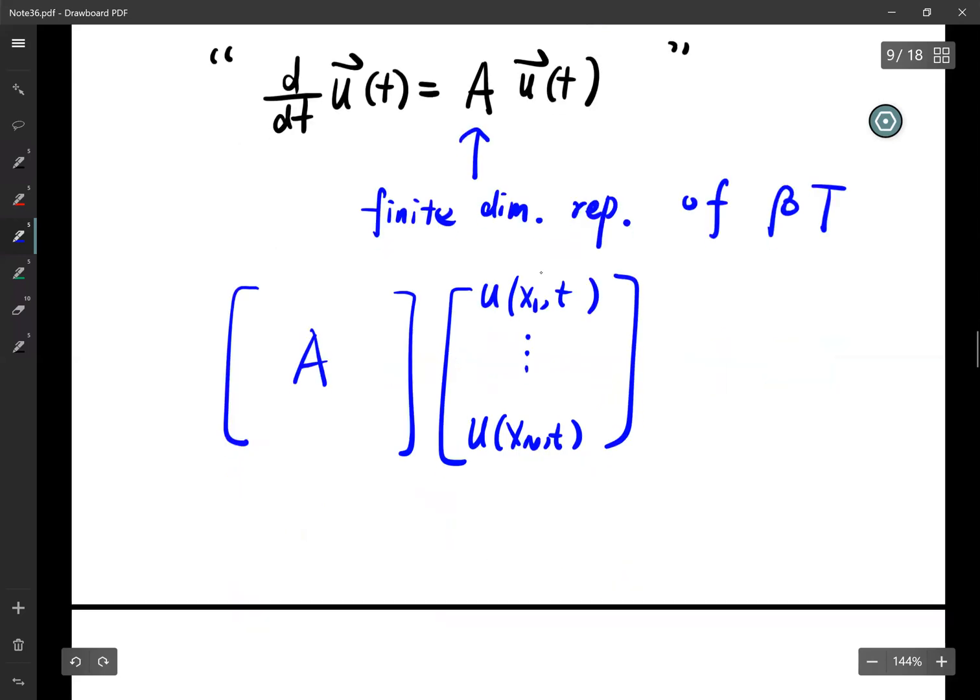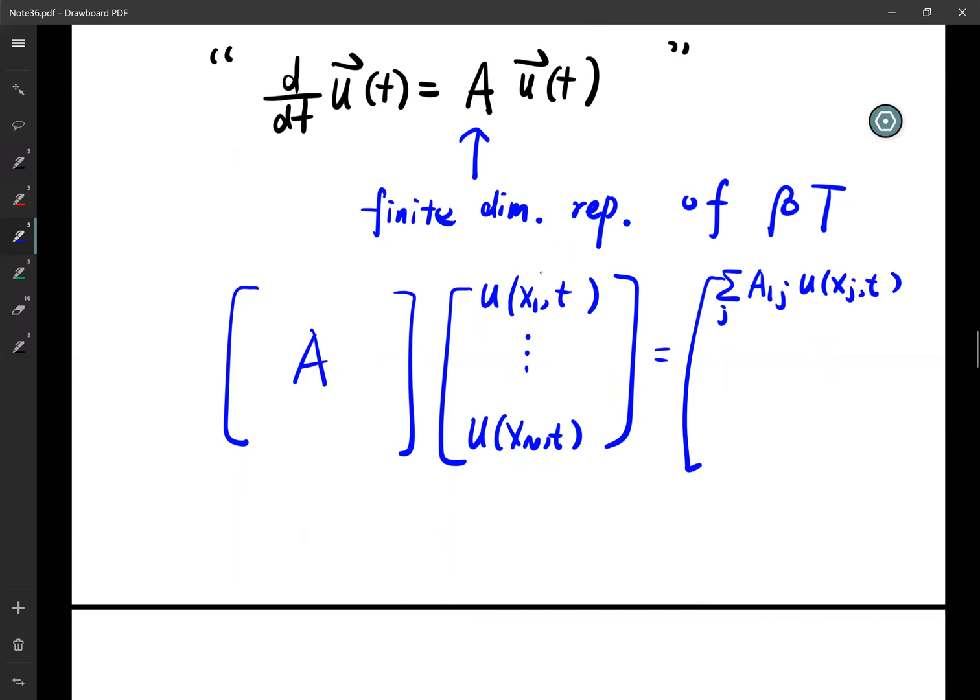Let's look at the first row. The first row is exactly the summation over j of a_1j u(x_j, t). You see, it is really an operator acting on the x dimension. The t is fixed. Did that answer your question? Yes, thank you. Any other question?